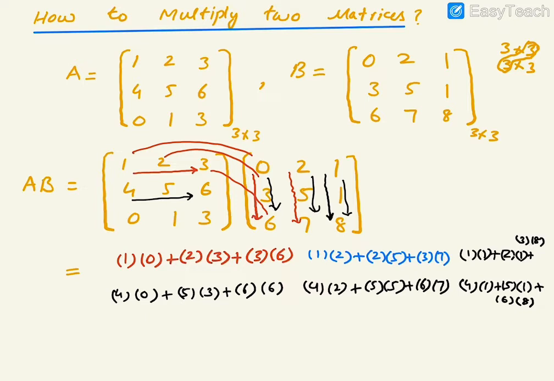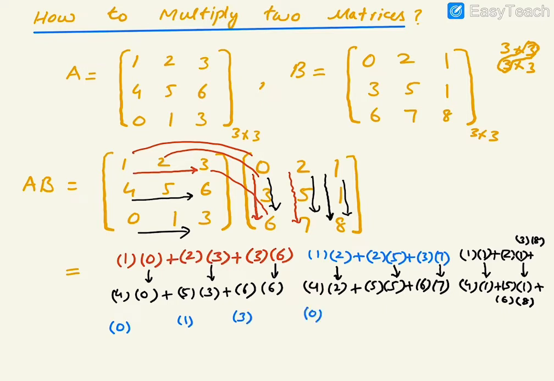Next it will be this one. You can see the column I am writing is the same as this one. 2, 5, 7, 1, 1 and 8. Last one, row 0, 1 and 3.